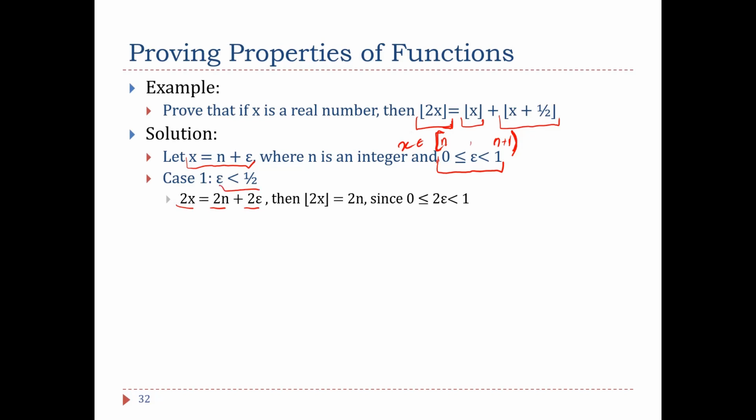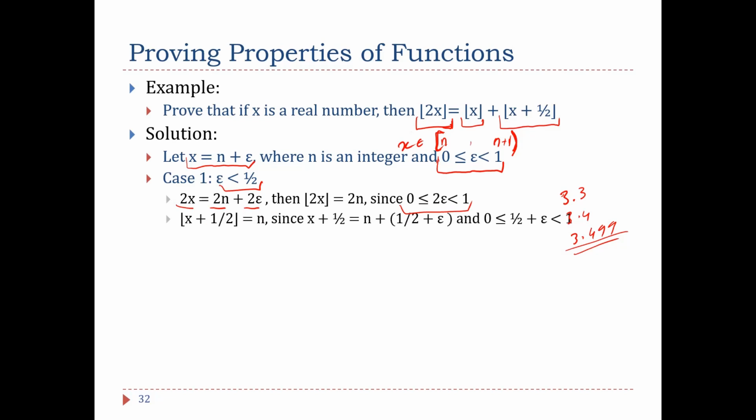Epsilon is strictly less than half, so 2 times epsilon is still something between 0 and 1. Imagine you consider a number such as 3.3 or 3.4, as long as it's strictly less than 3.5. If you multiply this number by 2, you won't reach 8.